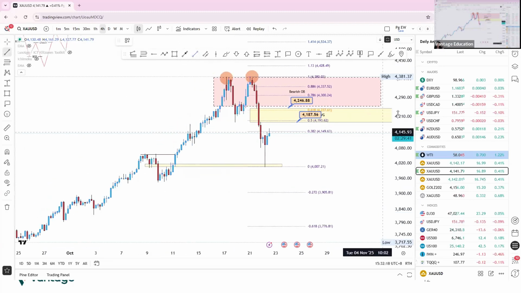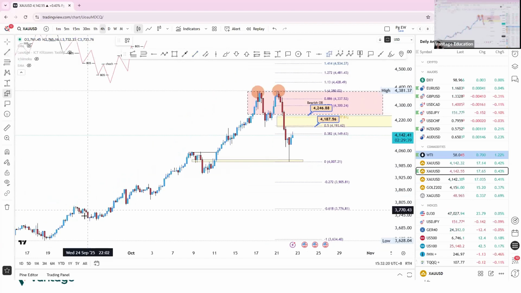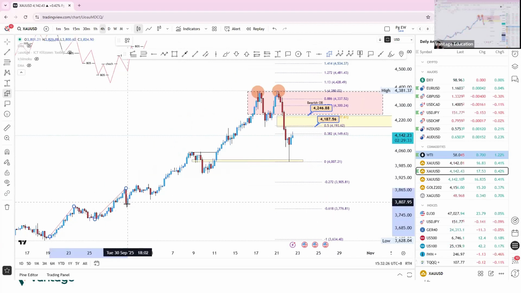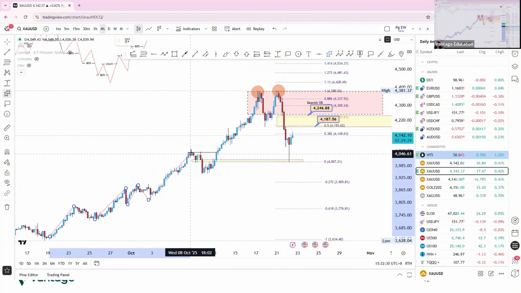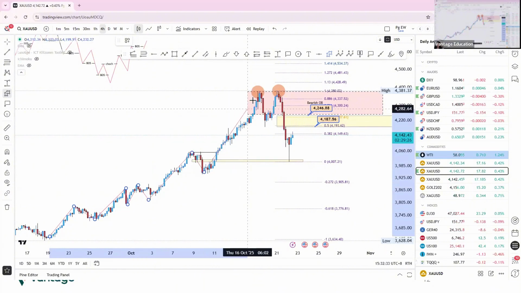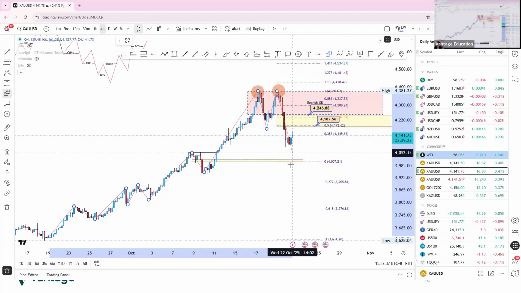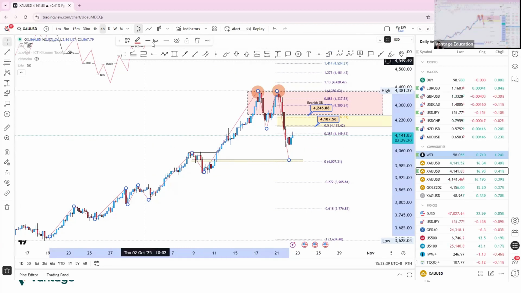Because if we look right here, maybe from here: higher high, higher low, higher high, higher low, higher high, higher low, higher high, higher low, higher high, higher low, equal high, lower low.